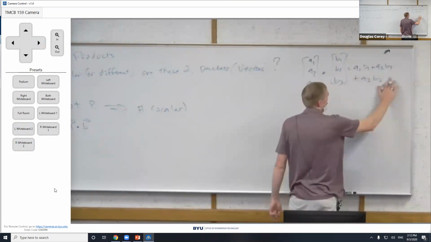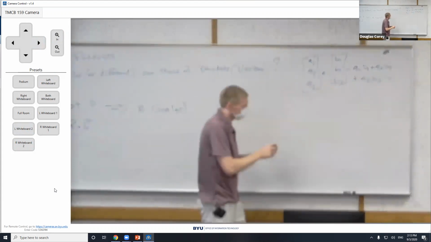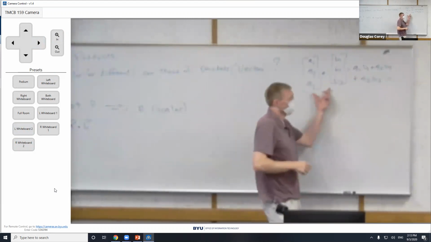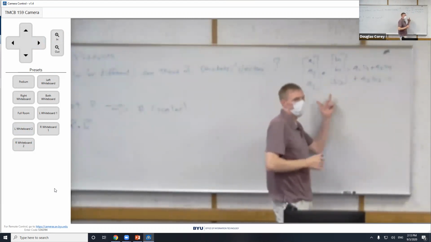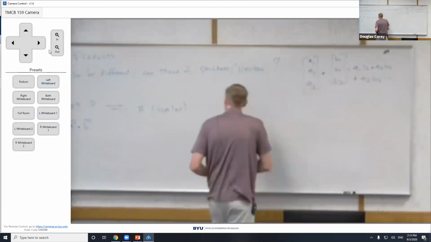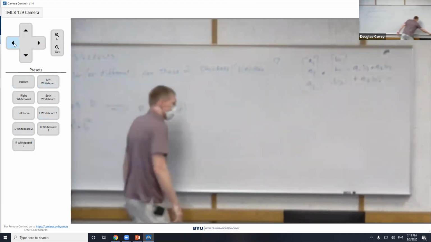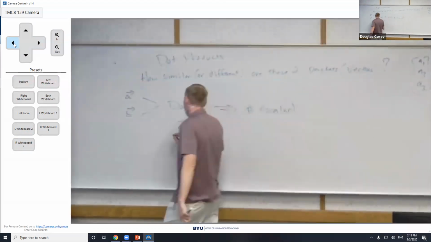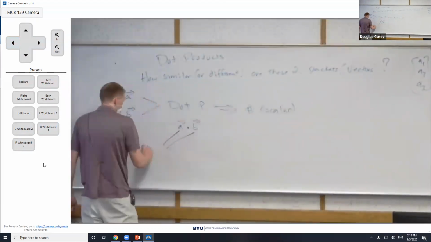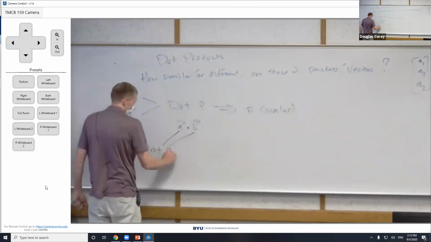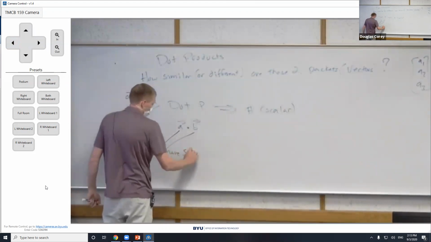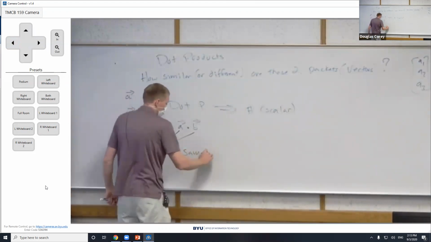So you just get a number. A dot product is a number that helps us know how similar or different they are. Key thing: these must have the same dimension. They've got to be the same length.